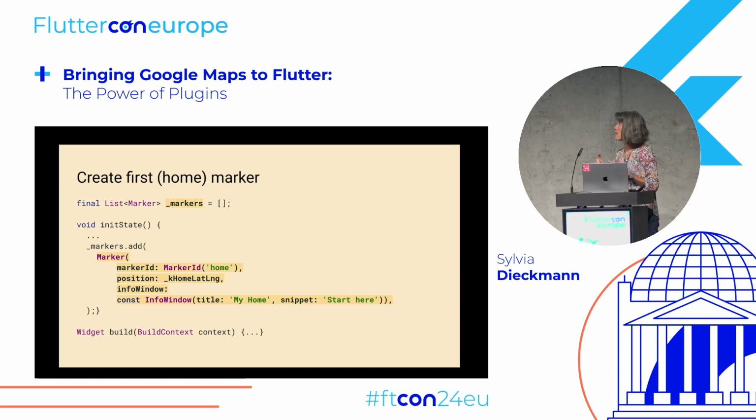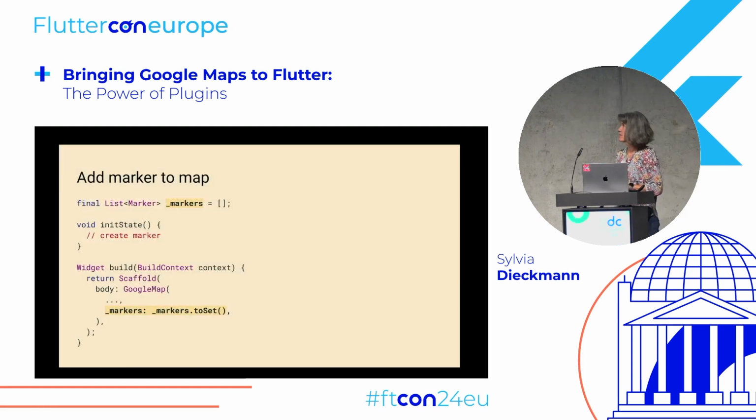It needs a unique marker ID, a position, and optionally an info window. The info window is the piece that pops up when you click on a marker that might show you extra information, for example, about this address. So once you have this marker, you add it to the list in your stateful widget, and then hand that list, as a set actually, to the Google Maps widget.